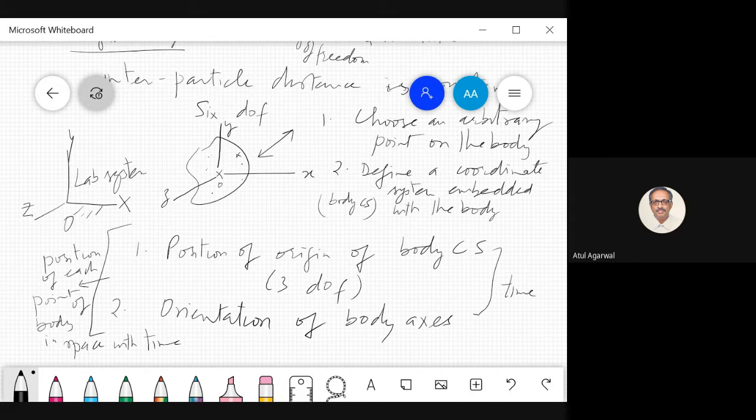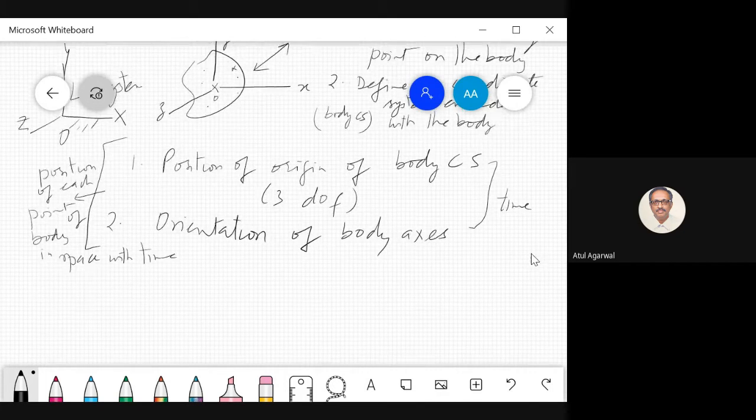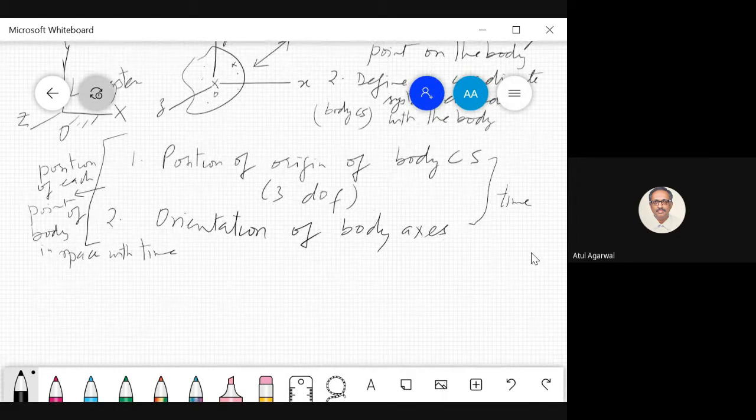So how do you define the orientation of these axes? How many degrees of freedom are needed? So this is a vector. How do you represent a vector?